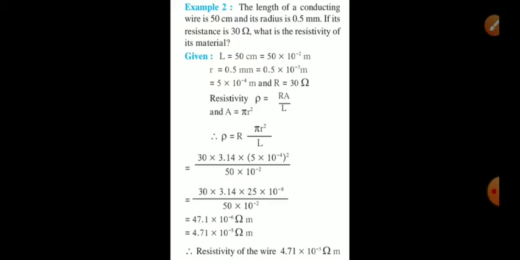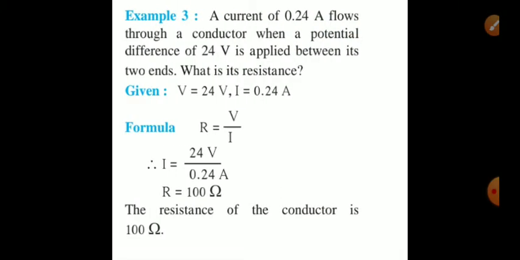So the resistivity, denoted by rho, is equal to R into A upon L, and A is equal to pi r square because the wire is circular in shape. Therefore rho is equal to R into pi r square upon L. After substituting the values, the resistivity of the wire becomes 4.71 into 10 raised to minus 5 ohm meter. Now this is the third example.